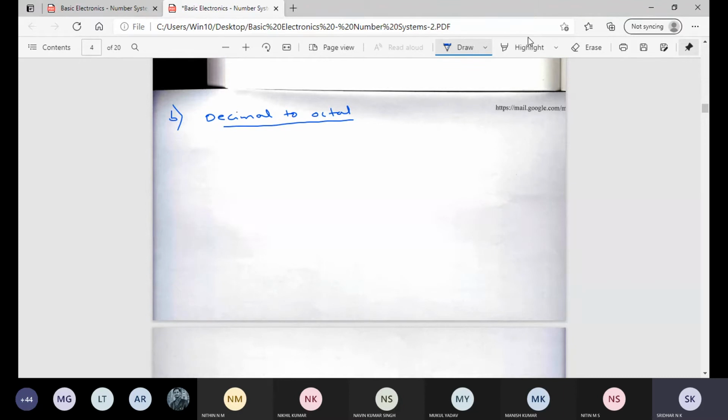I'll take one random decimal number, say 498.96. I have taken a decimal number, and I need to convert it to octal. So 8, that is 10 to 8. That means decimal to octal conversion it is. Now start performing with the same procedure.